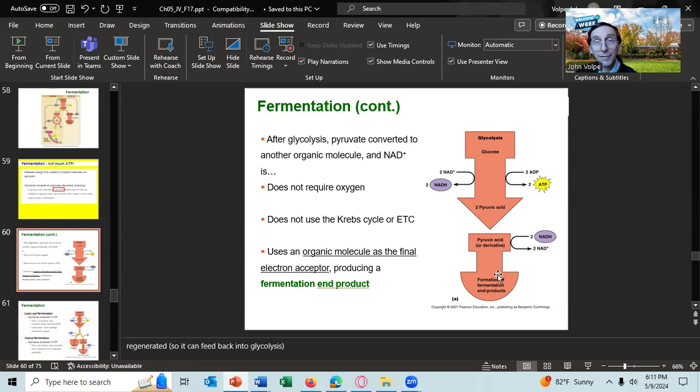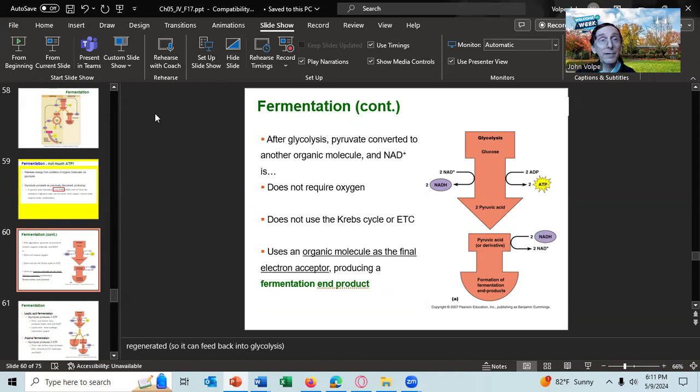All right, here's a question for you. In fermentation, we do generate some ATP in glycolysis. We do generate some NADH. The NADH is used here to make NAD plus.